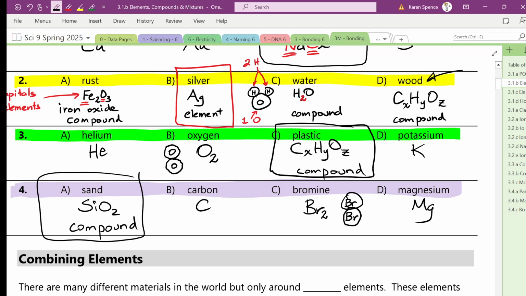Yeah, they're elements because the atoms are all the same. So even though it's got atoms stuck together, they're not different atoms, so that makes it not a compound. Okay, you have to have two different elements to make a compound.